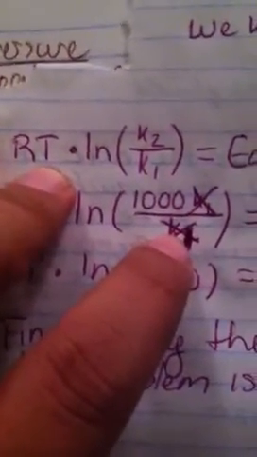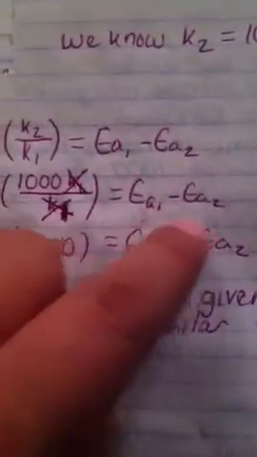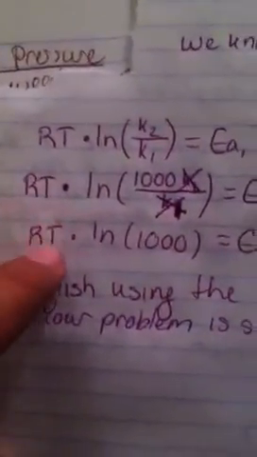So that makes it easy to substitute in 1,000 times K1 over K1, and we're able to cancel the K1 over K1. Okay? And what I did in the meantime is I multiplied the RT from this side to this side in order to make it easier to solve for this, which is what the problem wants. And it cancels the RT on that side, and it's on this side now.